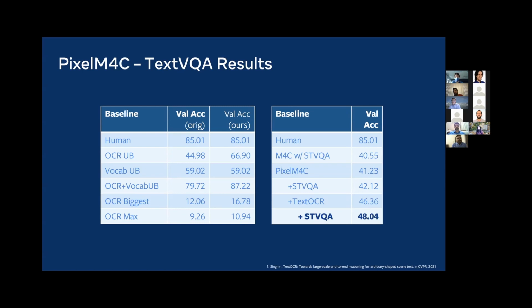That didn't seem to work a lot. So we actually tried first pre-training on GT OCRs and then fine-tuning directly using text VQA accuracy on the text VQA data sets. So if you started with the ground truth, could you see that the recognitions or detections were improving specifically for this task?